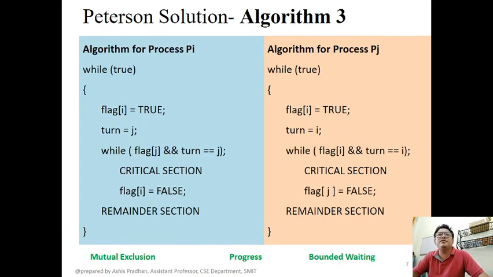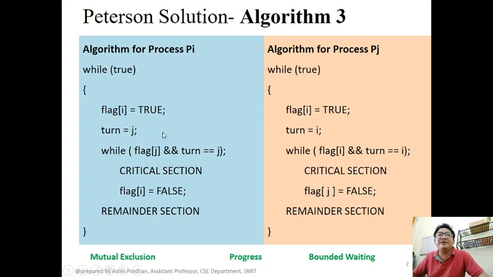Next is algorithm 3, which uses both variables, the boolean variable and the turn variable, to find the solution for the CS problem, and it satisfies all three criteria. And this while loop has to be read in this form.